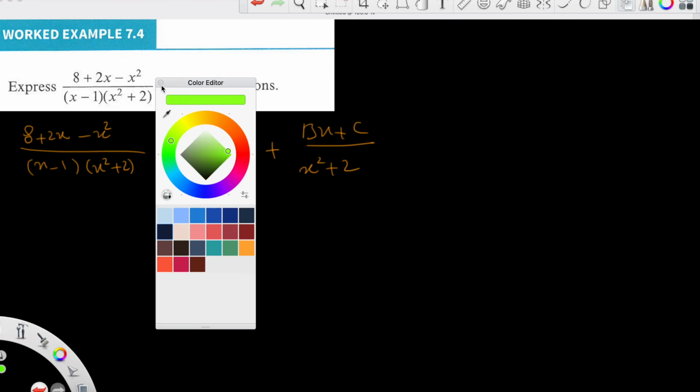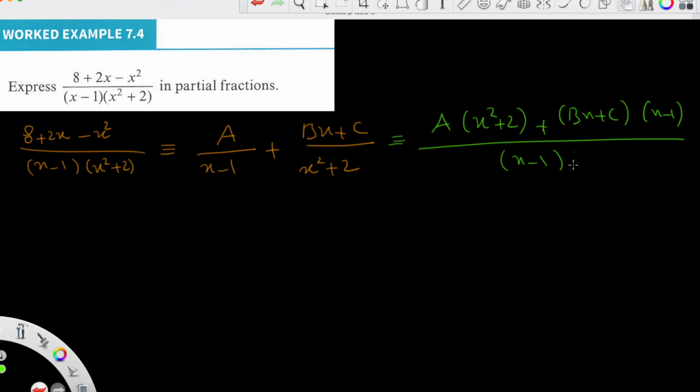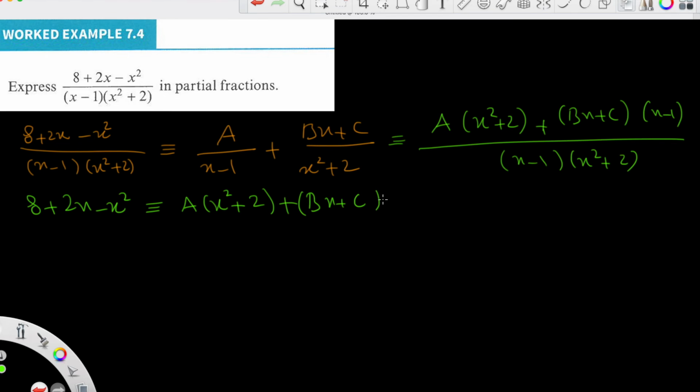Now if I take common denominators, it will be a times x squared plus 2 plus bx plus c times x minus 1 over x minus 1 times x squared plus 2, then 8 plus 2x minus x squared is to be equivalent to a times x squared plus 2 plus bx plus c times x minus 1.